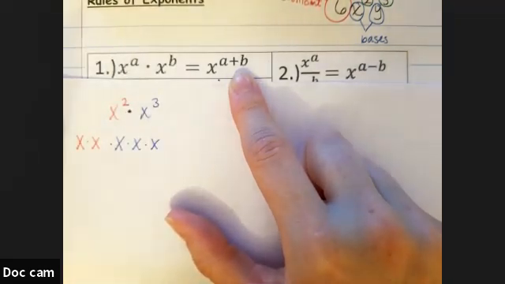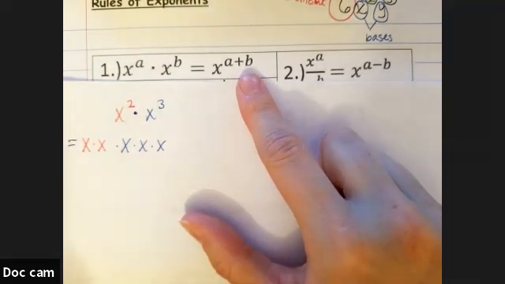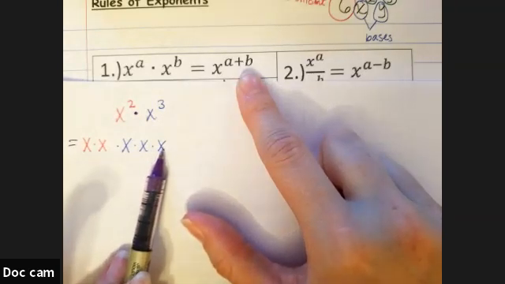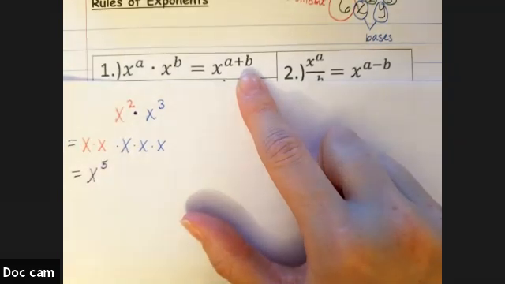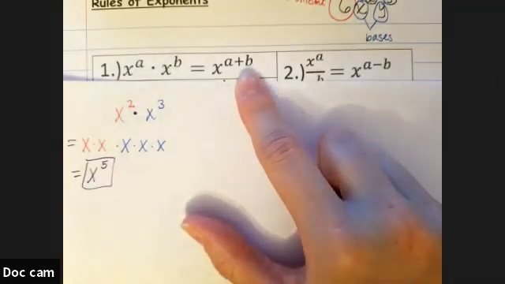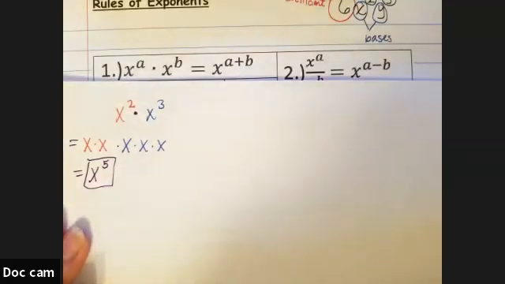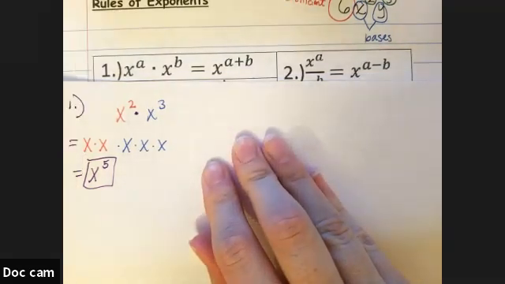All I did was write them out the long way instead of using the exponent. So now I see that I have x times x times x times x times x, which equals x to the fifth power. That's the long way of doing it. The shortcut way would be just to add the exponents. So that's why that rule works. That's rule number 1.